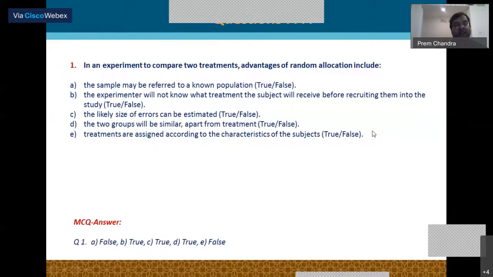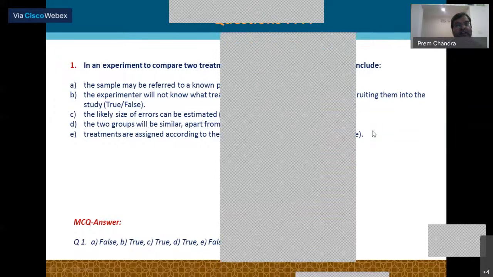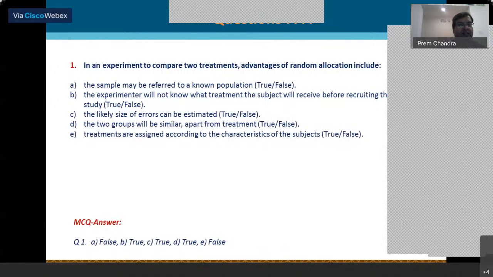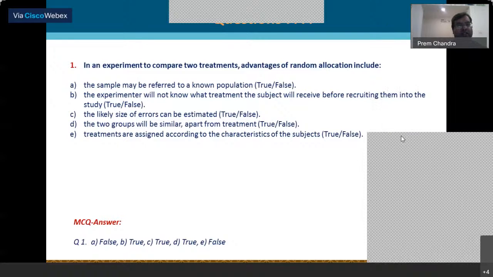In an experiment to compare two treatments, advantages of random allocation include the following. You need to answer either true or false. A: the sample may be referred to a known population. B: the experimenter will not know what treatment the subject will receive before recruiting them into the study.